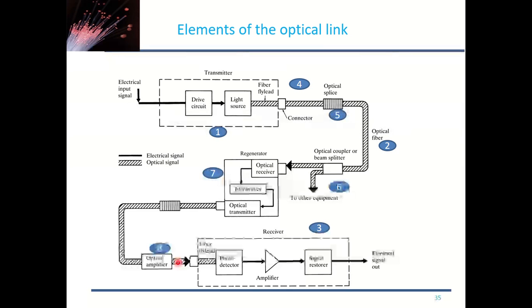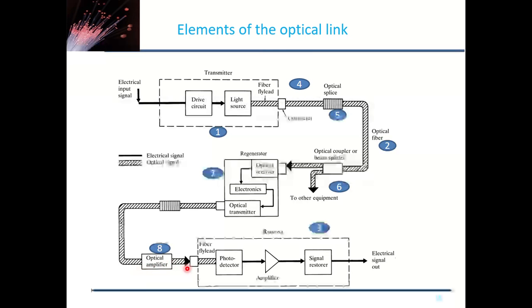The amplifier has the ability of amplifying the signal information as well as noise, and therefore it can affect the signal to noise ratio. But the regenerator can overcome the signal distortion and it can improve the signal to noise ratio. The regenerator cannot amplify the signal, but it can maintain the noise level or overcome the distortion, and therefore for a long distance link the regenerator and optical amplifier are the essential link elements.